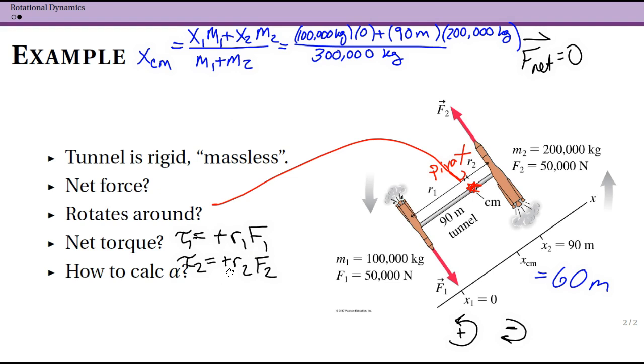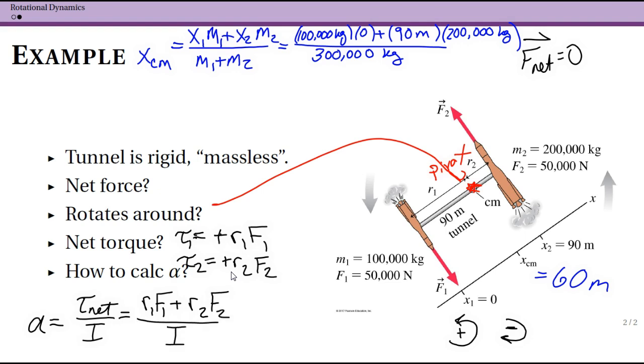So you wouldn't use 90 meters for it, you just want to use the distance from the center of mass. Lastly, how do we calculate alpha if what we actually want to find is the angular acceleration of the whole system? Well, now we say that angular acceleration is going to be my net torque divided by I. Well, net torque in this case is just R1 F1 plus R2 F2. But what is I equal to? This is the moment of inertia of our system around the center of mass.